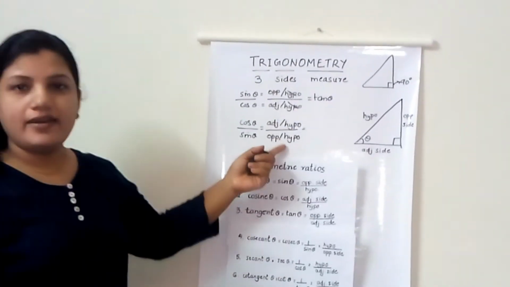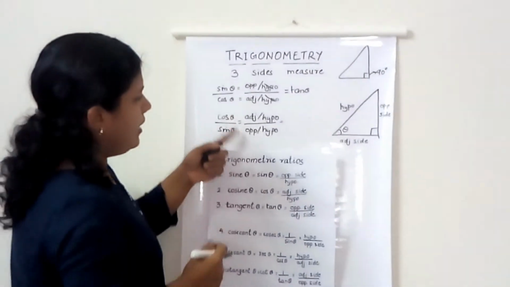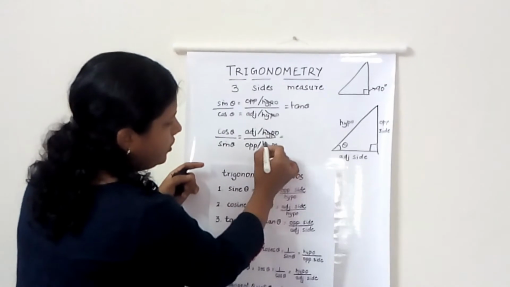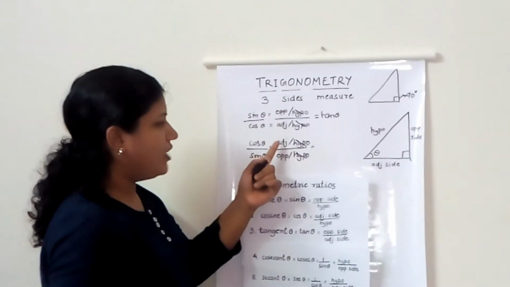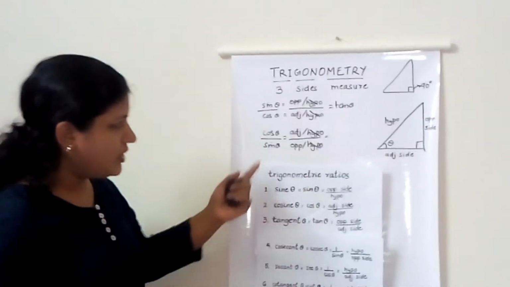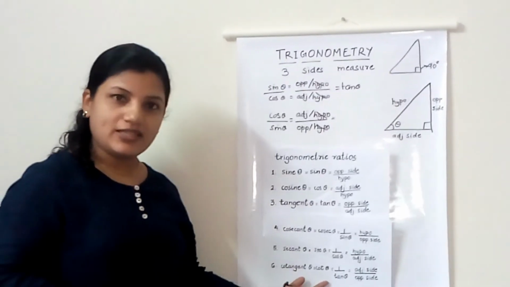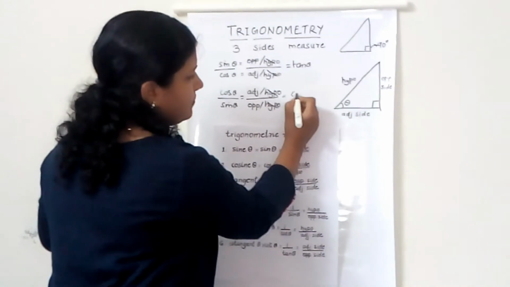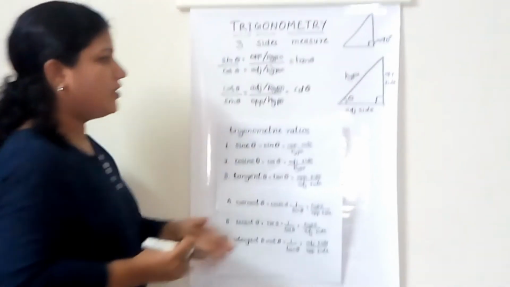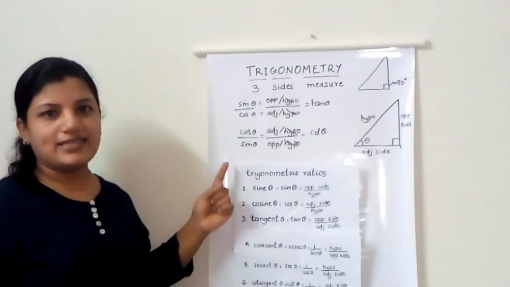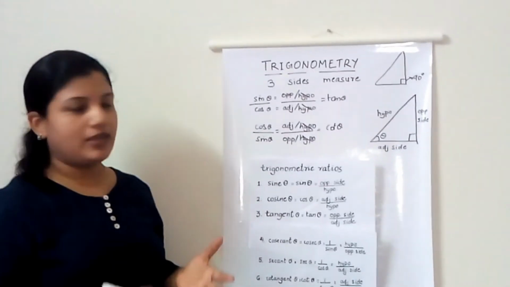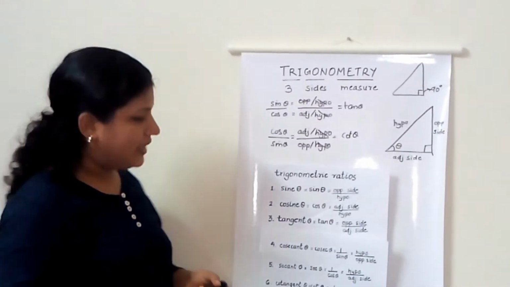Here again the opposite side and the adjacent side will remain, hypotenuse can cancel. We end up getting adjacent by hypotenuse. Now adjacent by hypotenuse also we have learned earlier is the cot theta. So this is cot theta. So now we can also relate cot theta to cos theta and sine theta.